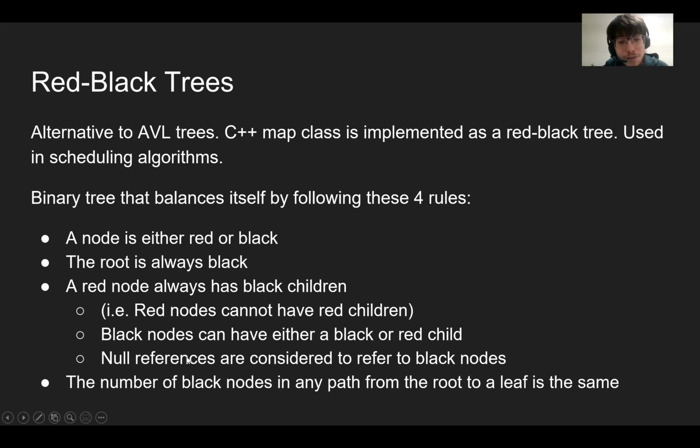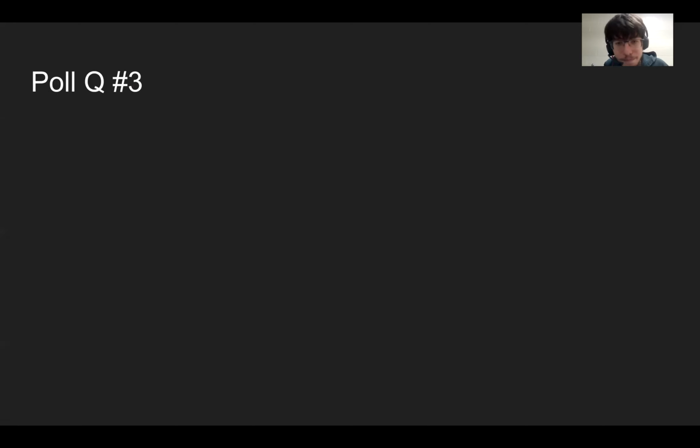And null references are just considered to be black for simplicity for us. And that way we can have red as a leaf, right? And the number of black nodes in any path from root to leaf is always the same. So that's an important one, because that's what allows us to be a red black tree. Yeah. Okay. So these 4 rules.